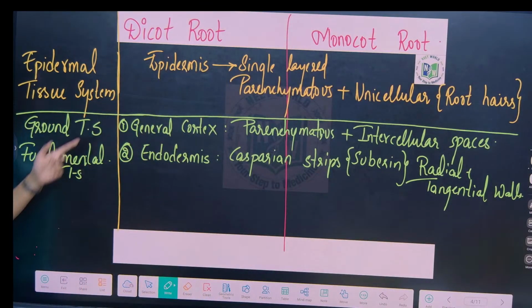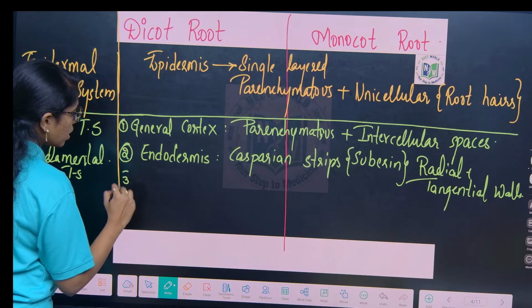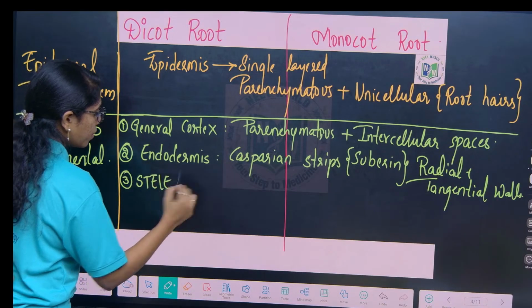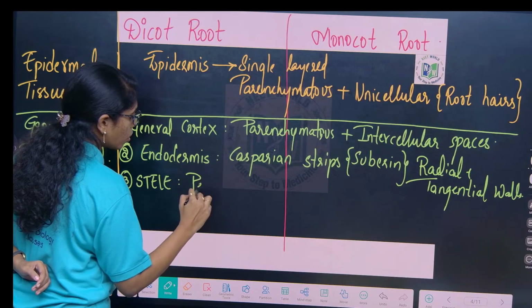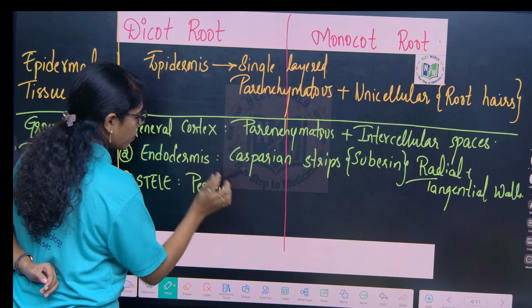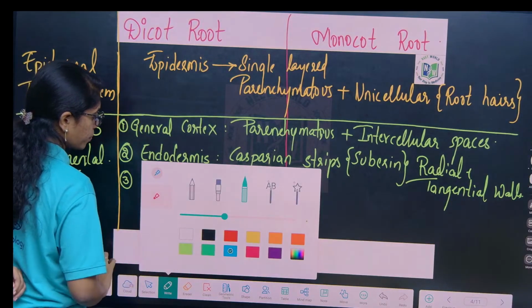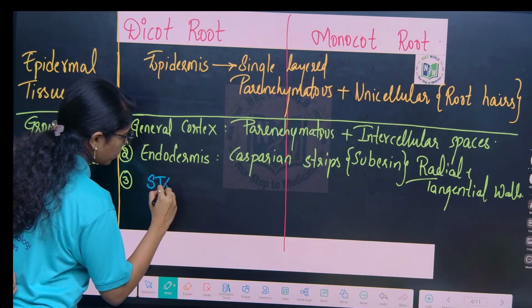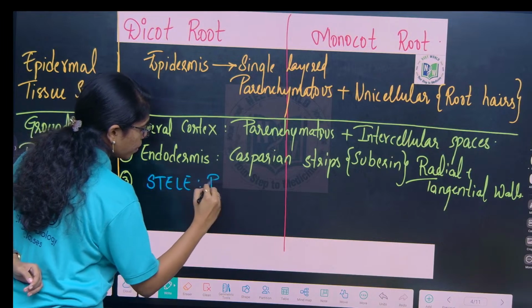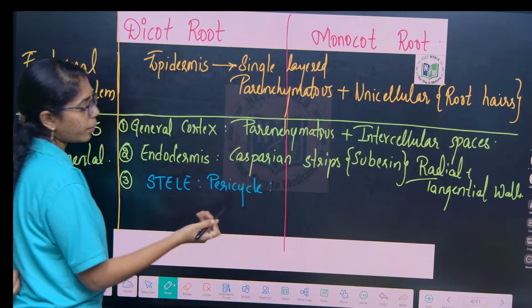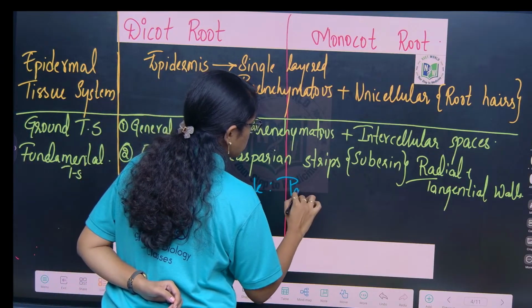After general cortex and endodermis, what is included in the ground tissue system? Third, from the stele, pericycle is included, yes or no? From the stele, pericycle. Pericycle, in both of them again it is parenchymatous.